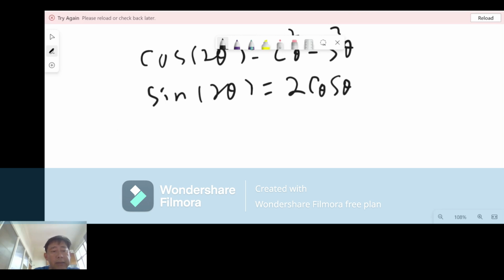This could be derived very easily if you can remember the sum of cos of A plus B, right?